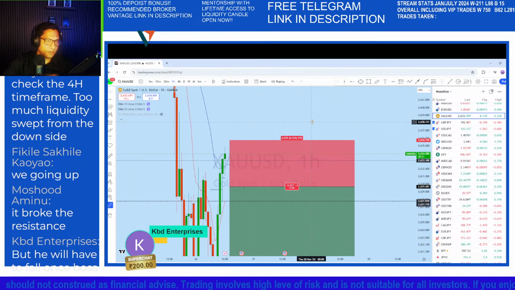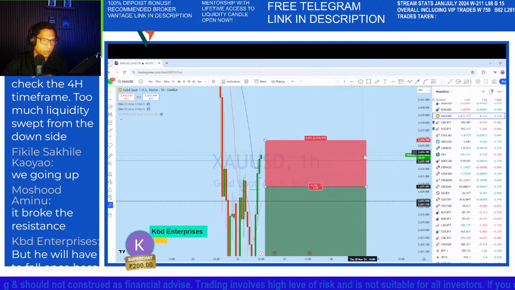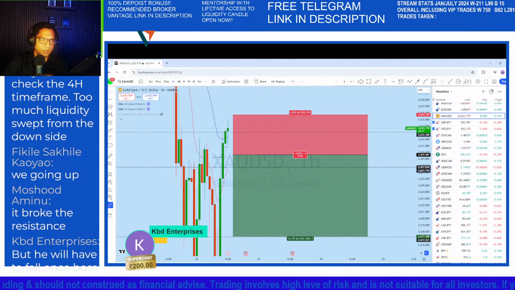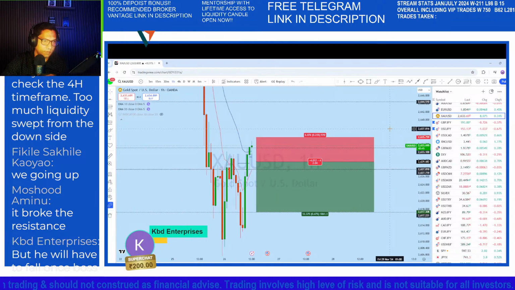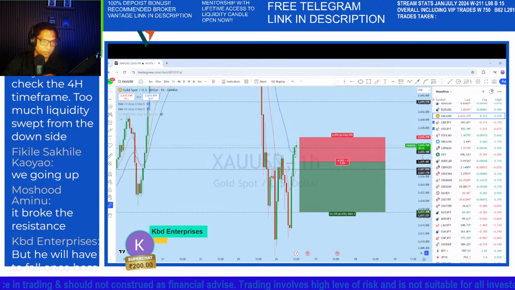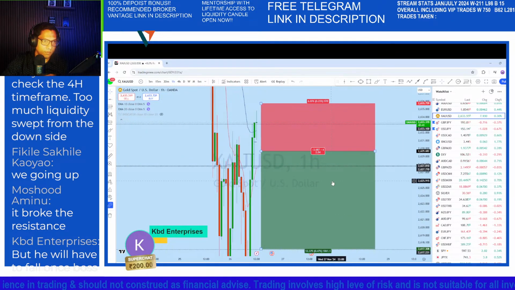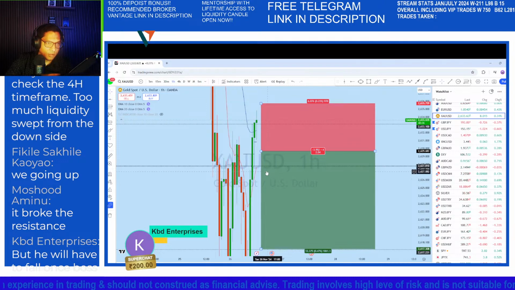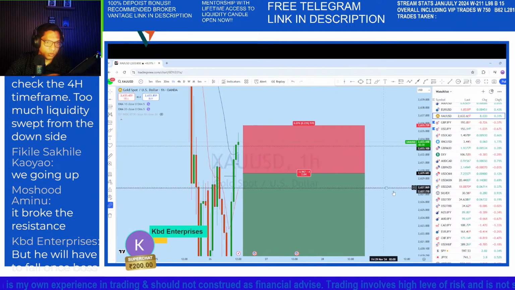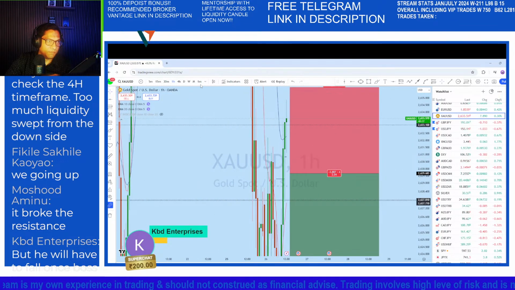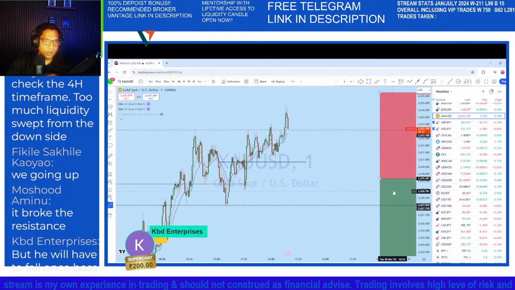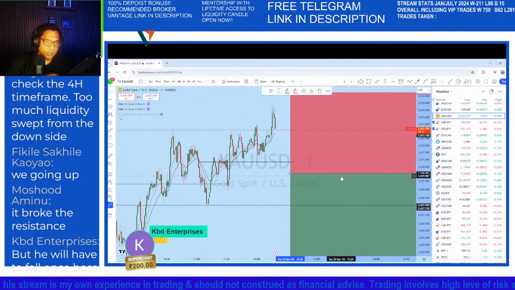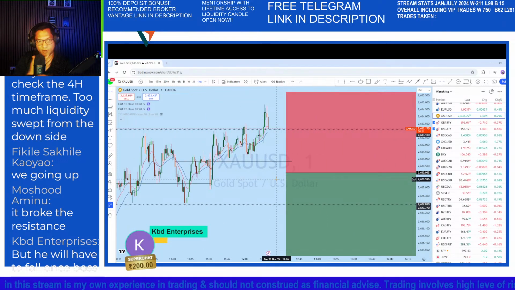Look at the 1 hour. It's the 1 hour price action. If it wants to grab liquidity from here, then we might see dropping to that, or it might just keep pushing high, but we could see some sort of pullback here.